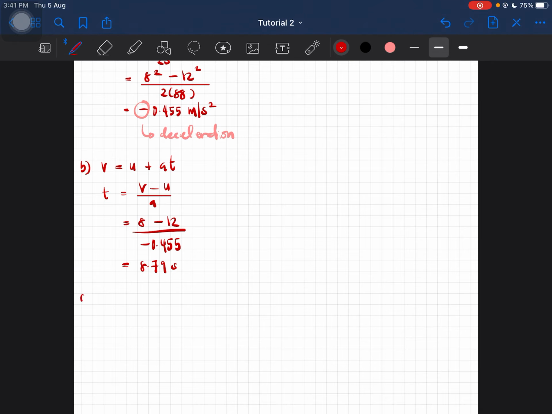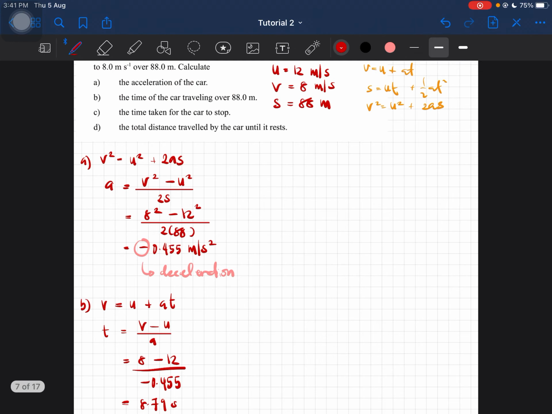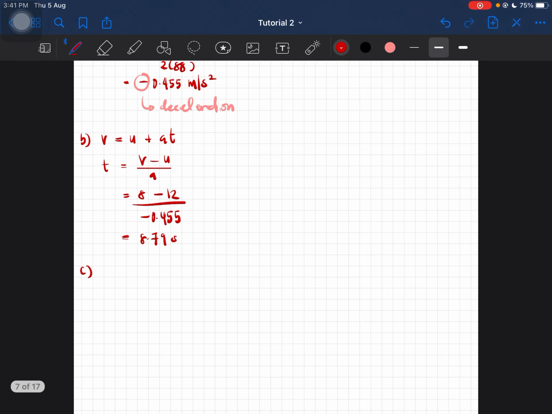Okay, now question C. So question C, the time taken for the car to stop. Okay, so for the car to stop means its final velocity should be 0 meter per second. Okay, right? So, and then we have the u, which is 12, and then we also have the acceleration to be negative 0.455 meter per second square.